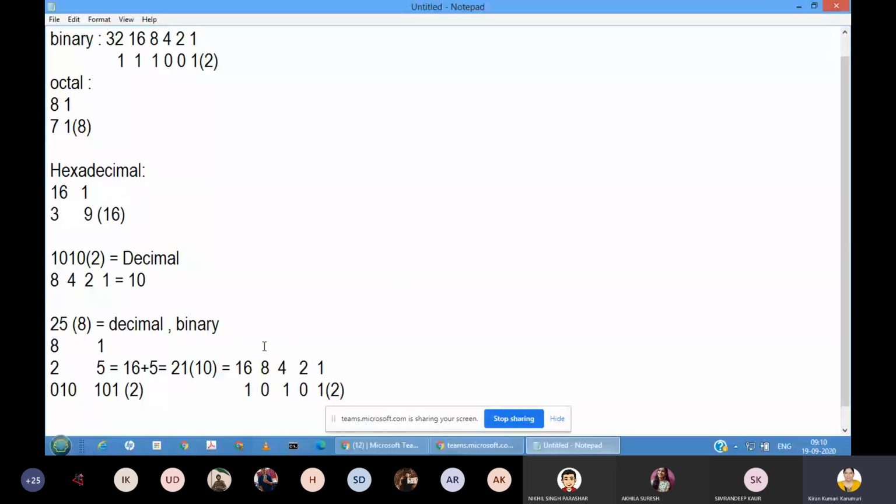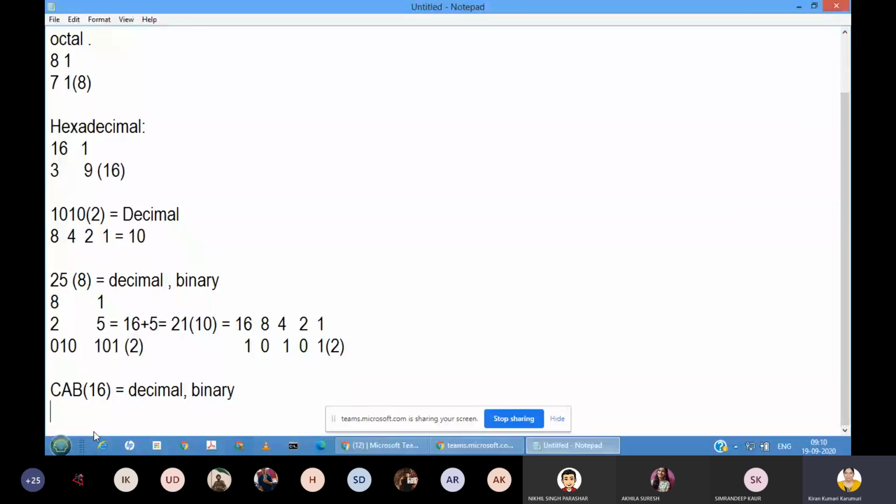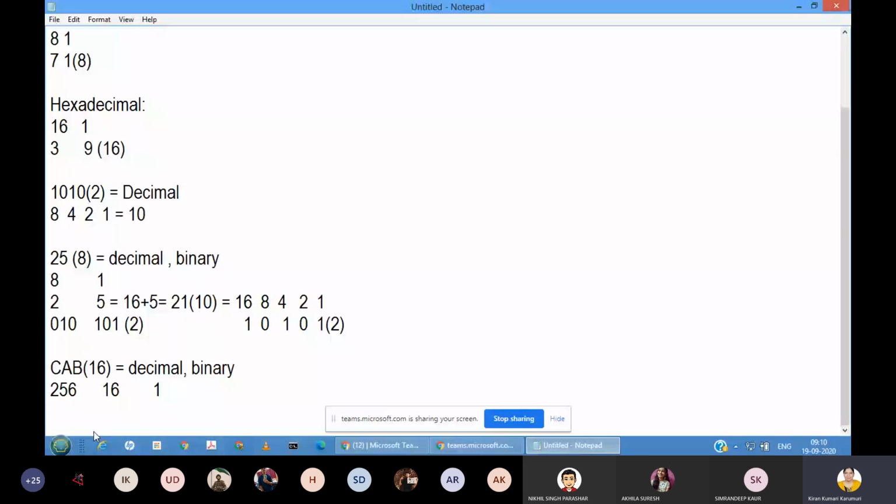Okay, children? So now CAB, hexadecimal to decimal and binary we have to do. So this is already base 16, right? So 16 square means how much? 256 place. 256, and then 16's place and then ones place. So in this 256 place we have C, then under 16 what is the value?